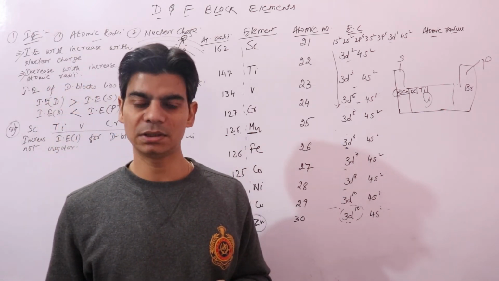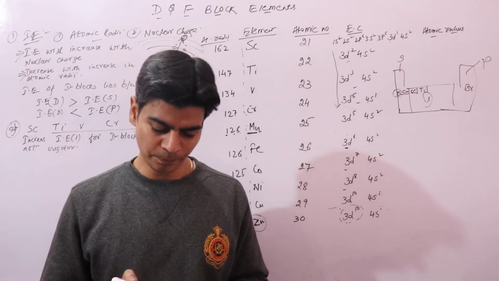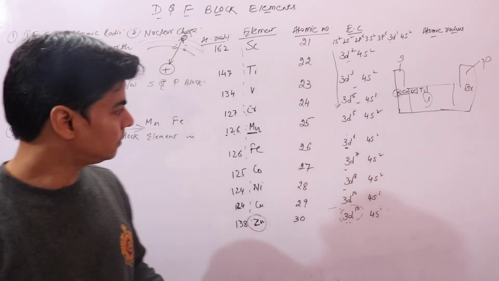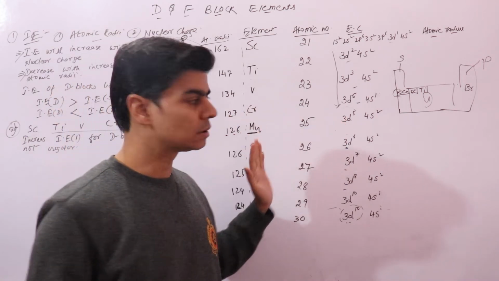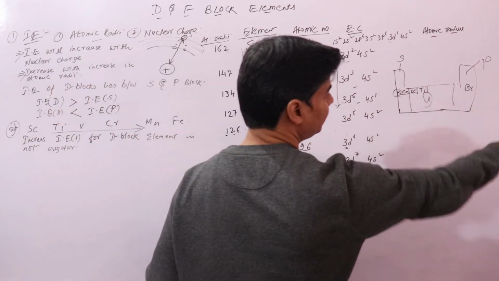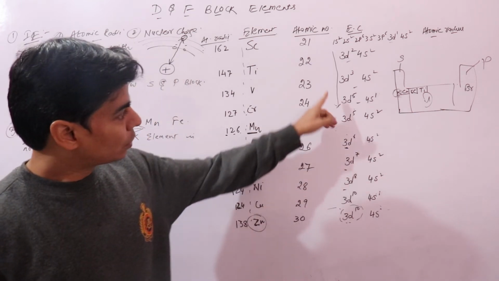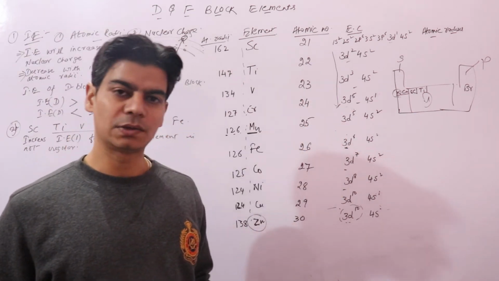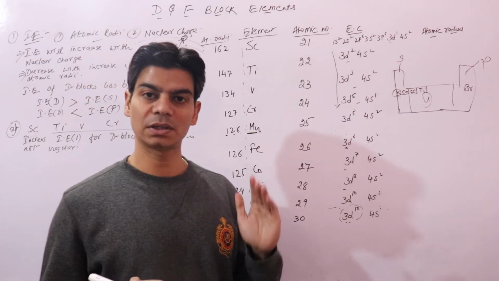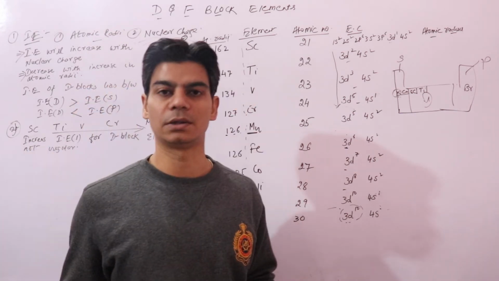So why will this increase in ionization enthalpy slow down? We have discussed this in the previous lecture: as you move further in the series towards p block elements, the number of d electrons will keep on increasing, and these d electrons will exhibit a shielding or screening effect on the outermost electrons.